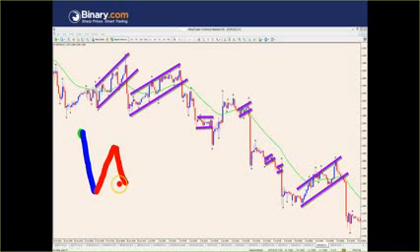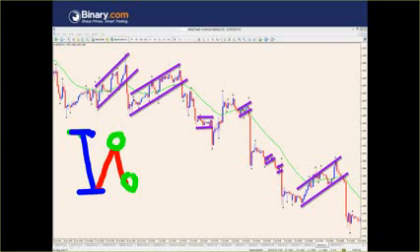Price is making basically a lower high and a higher low, where I have the green circles. Price does not break the previous extremes, right? Where I have the blue lines, those levels are the extremes. That is the top and the bottom. That is the swing high, swing low.